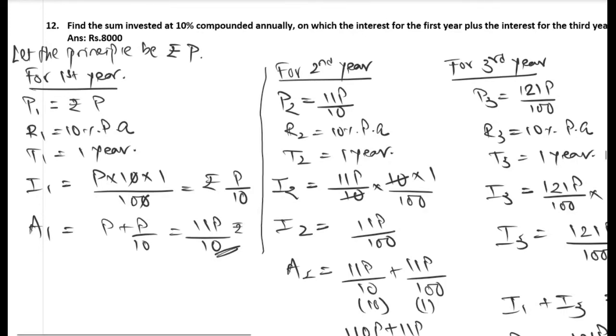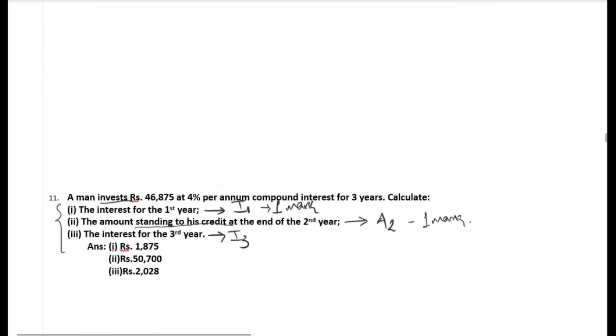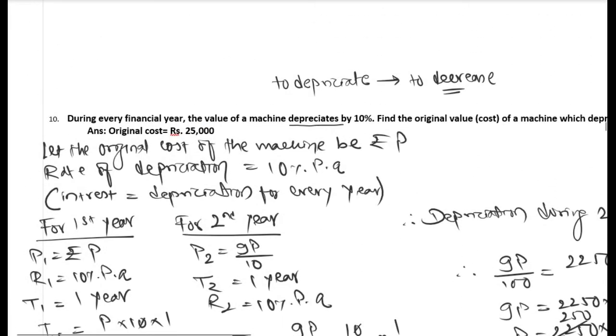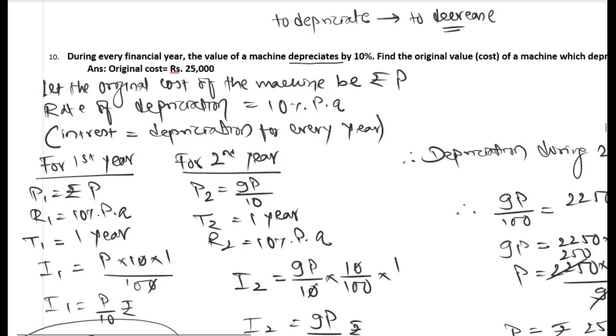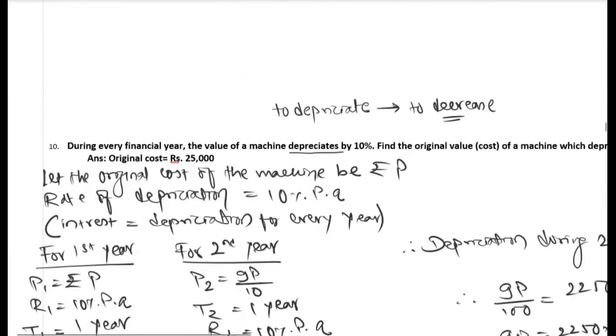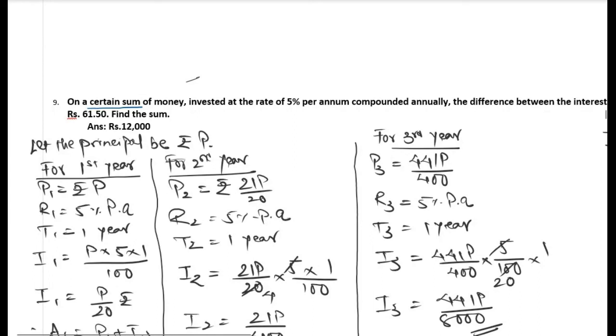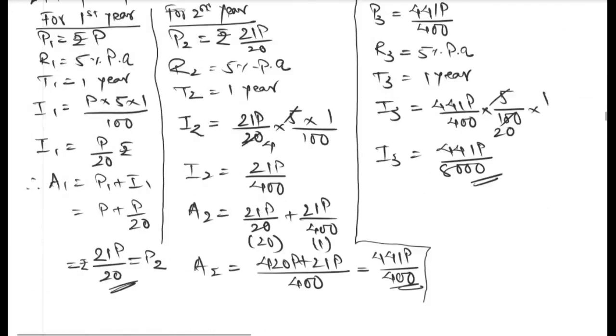This one, then depreciation of the machine during the second year, you cannot use formula here, right? If you want to find the interest for only the second year, it can be done only without formula, right? The difference between the interest of first and third year, this also can be done without formula only.